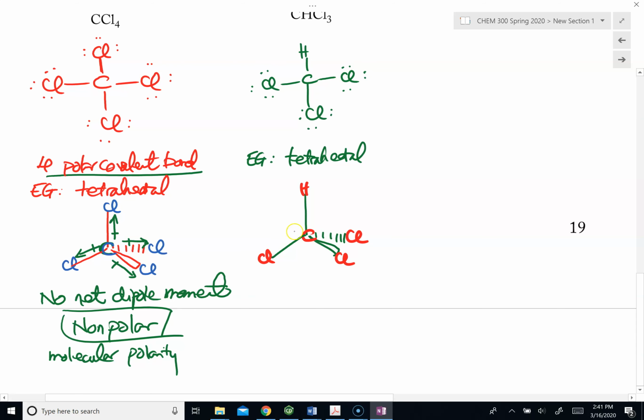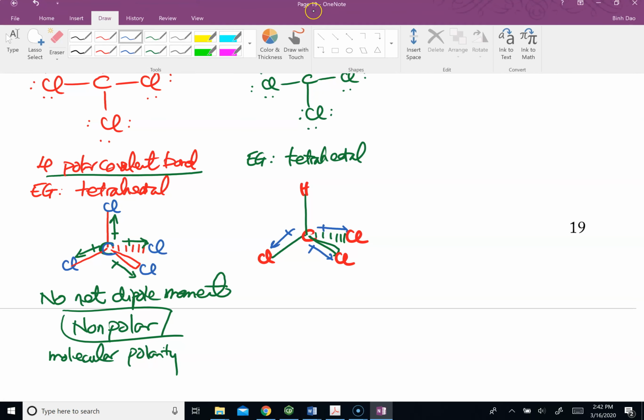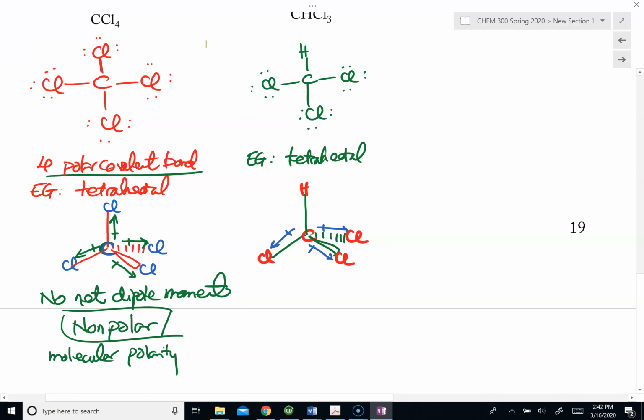So there will be 3 dipole moments pointing in this direction, and in this direction. So if we have these 3 forces pulling in this way, will they cancel each other out? And the answer is no, they won't, because they're not flat.